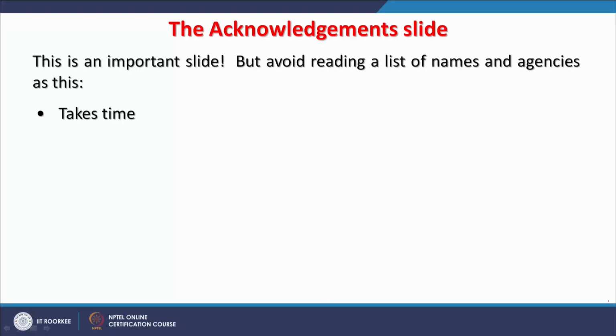Another important thing is that whenever you are going to make a presentation, one should just display the names of the contributors and the name of the institute, agency or whoever the company is, because reading takes time and you are wasting your time.